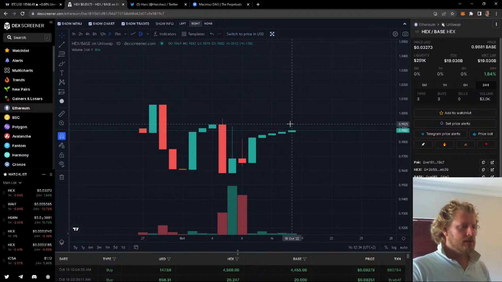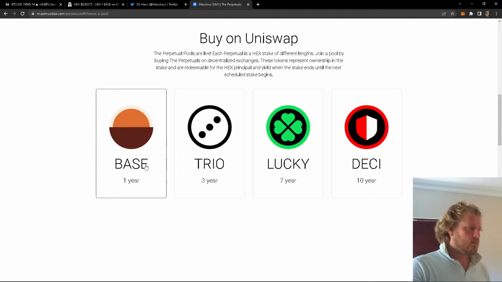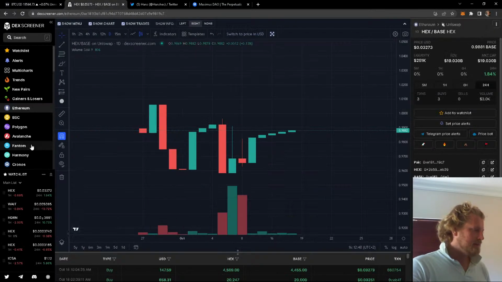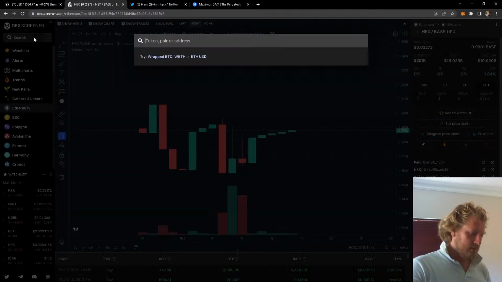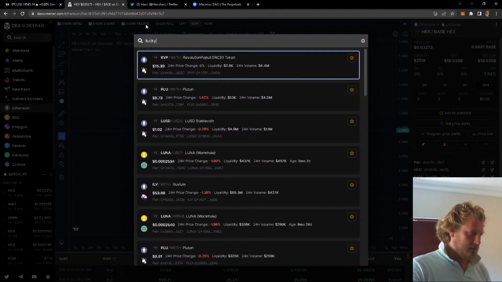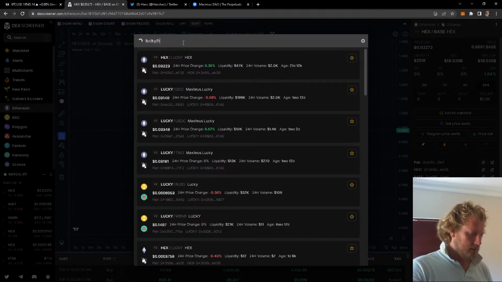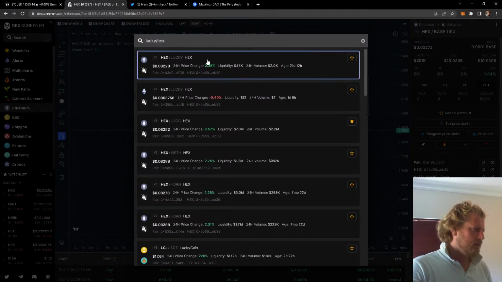So this is the 1 year stake, just under parity. That is the 1 year. Let's look at what Lucky looks like. So Base, Trio and Lucky would be my favorite ones. Base, Lucky. This is also Dipcatcher's favorite pool, the creator of this, Lucky.